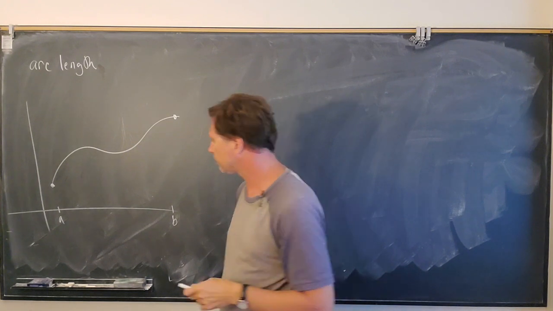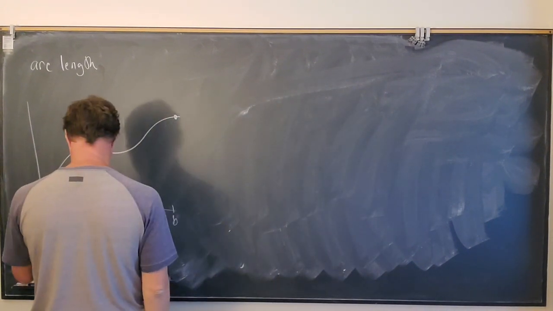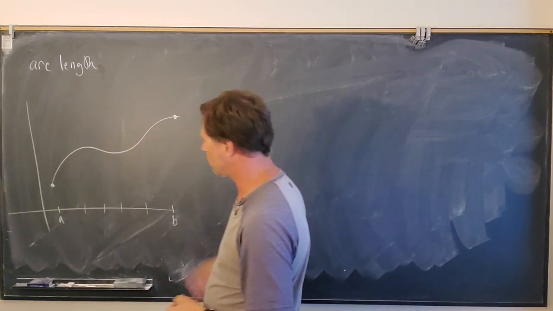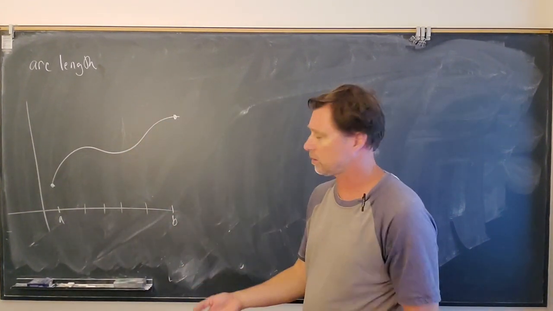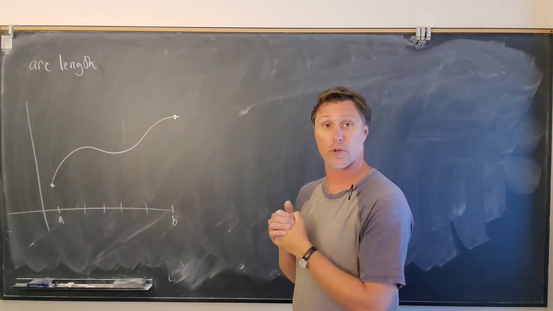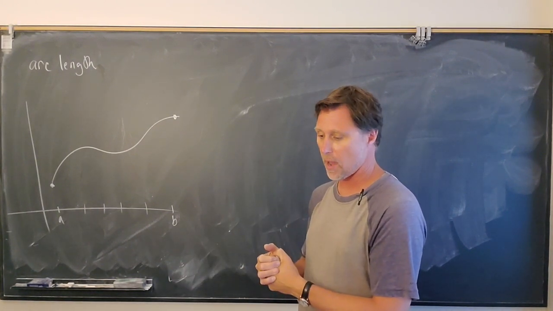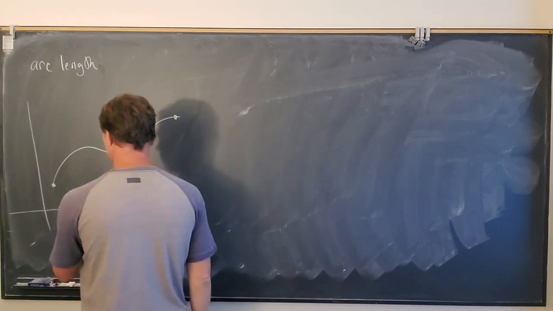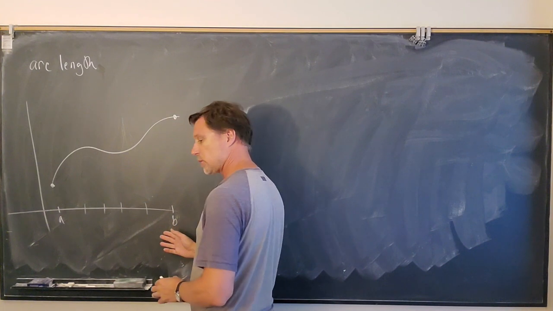And the idea is our usual thing. When we want to compute a new geometric quantity, what we do is we first approximate it, and then we get better and better approximations. So what we're going to do here is chop up the interval from A to B into a bunch of pieces.